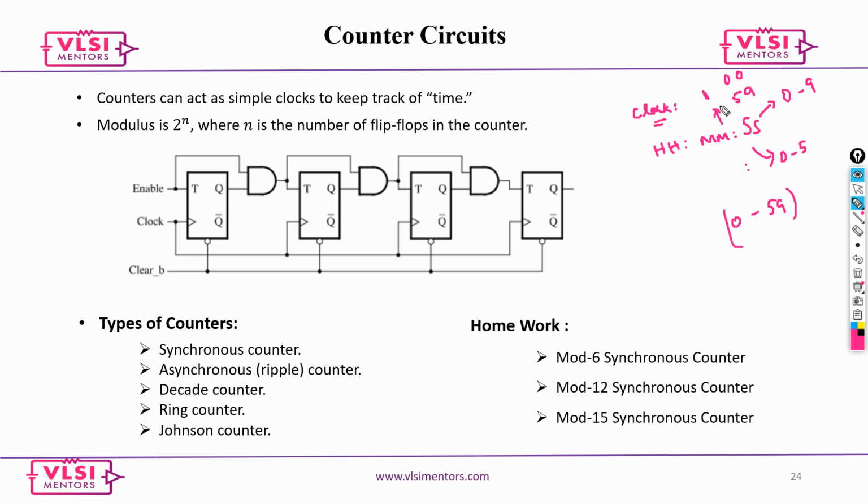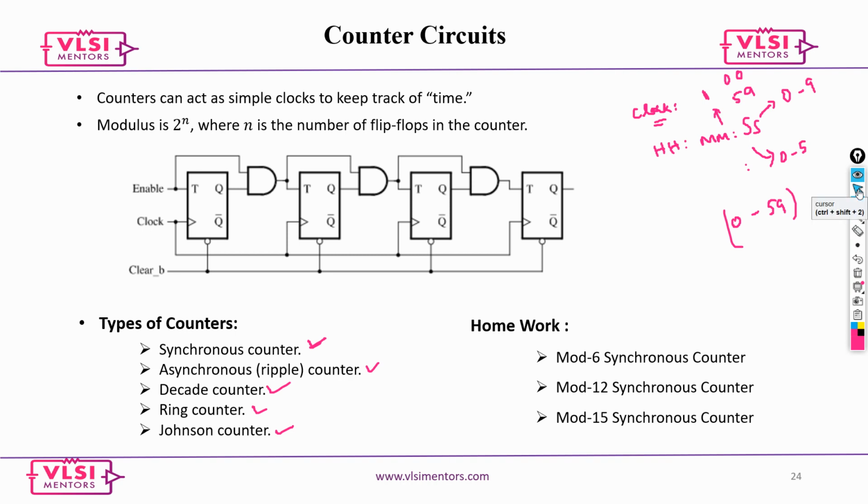A counter is basically used to keep track of time, and to count how many times something has been seen. Now we have up counters, down counters, synchronous and asynchronous counters, decade counters, ring counters, and Johnson counters. All these are possible different counters.